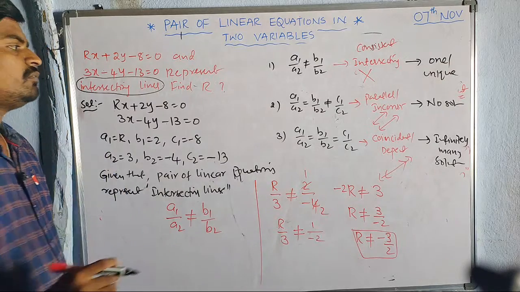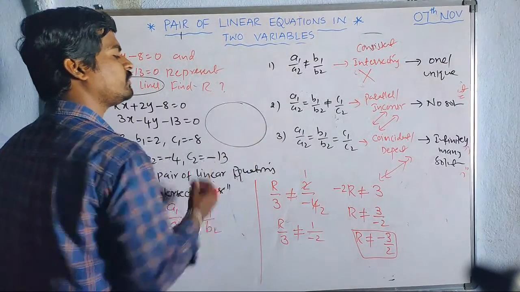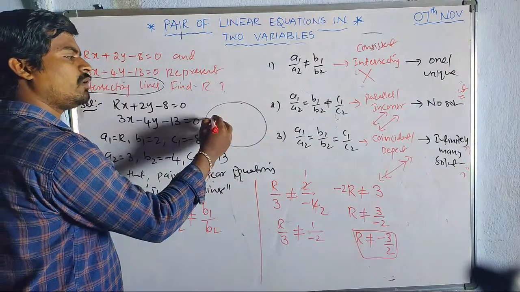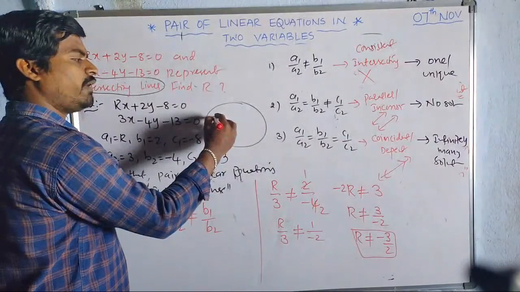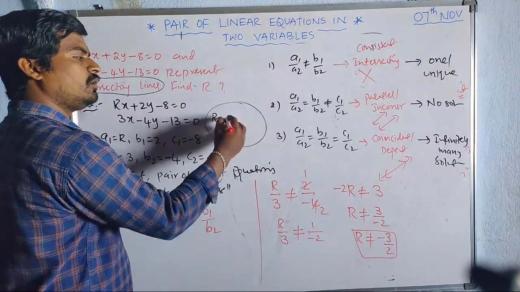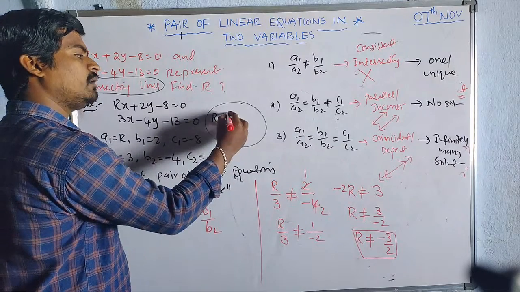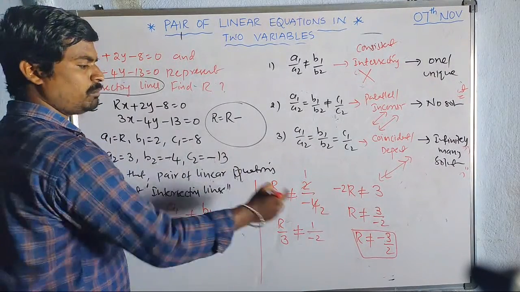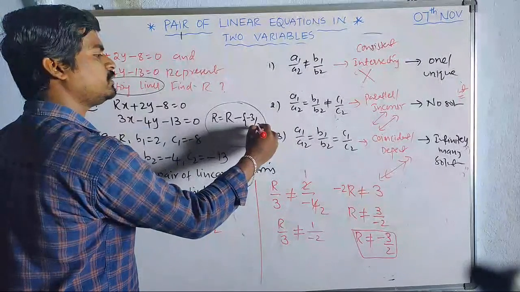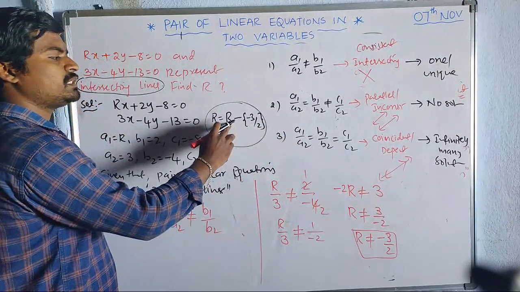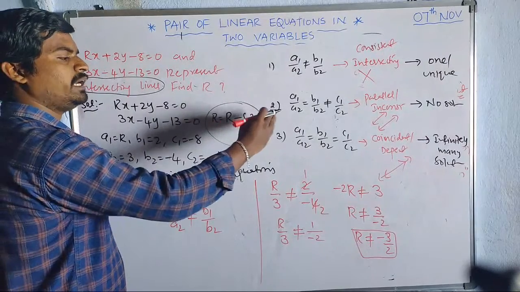In mathematical form we can write, you observe, the value of R. R is there, so real numbers minus minus 3 by 2 here. So real numbers are there, and minus means eliminate, except this.